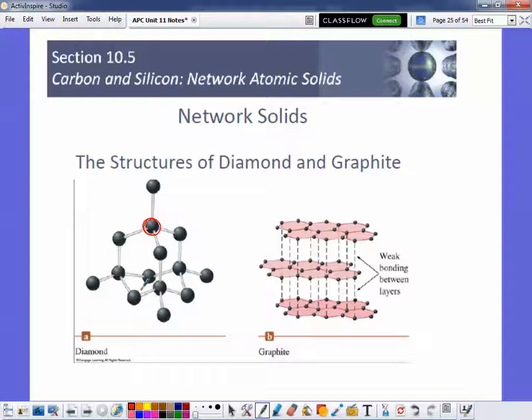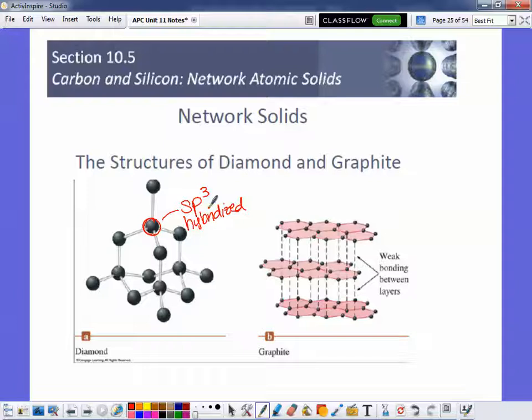And this is just a cross section, if you will, or just a portion of the whole diamond structure. Each carbon is sp3 hybridized. So each carbon is forming a tetrahedral formation with the other carbon atoms.